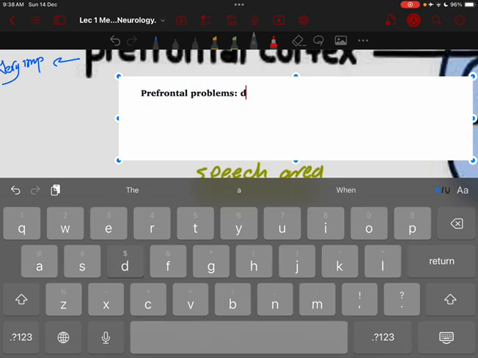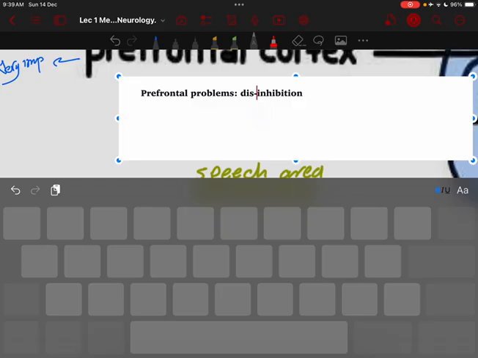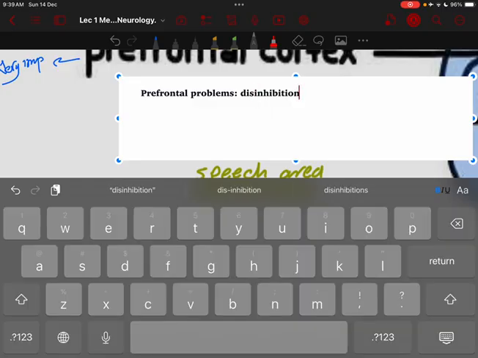This is inhibition. But when there is a disease of the frontal lobe, especially the prefrontal, there is what we call disinhibition. We will do improper actions at improper times and improper places. So this is the prefrontal.